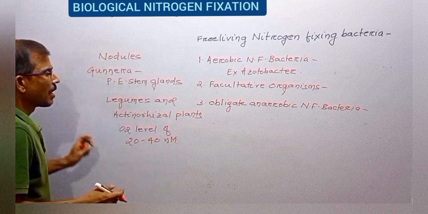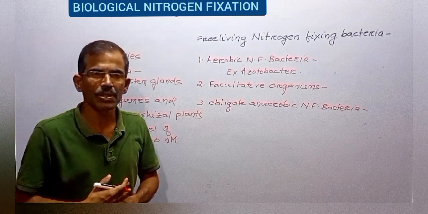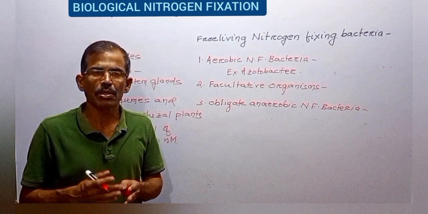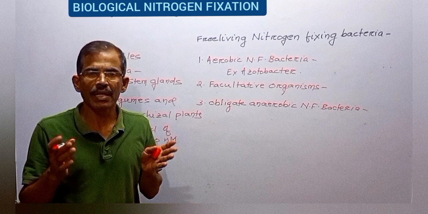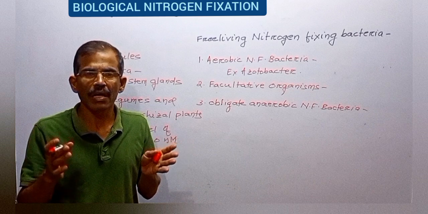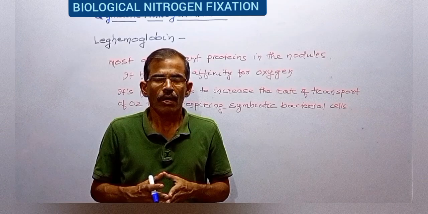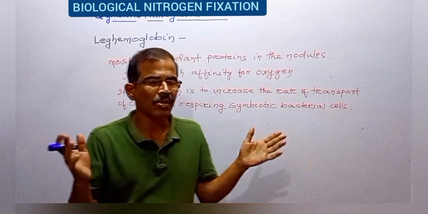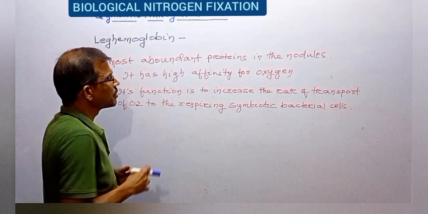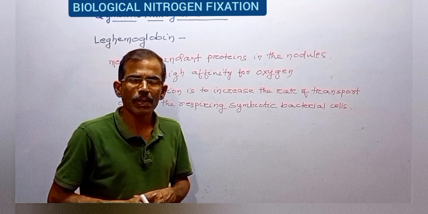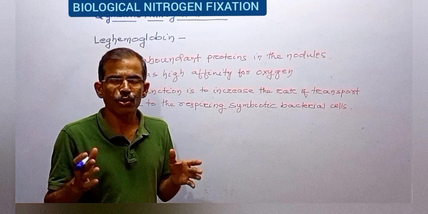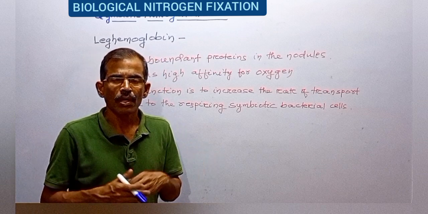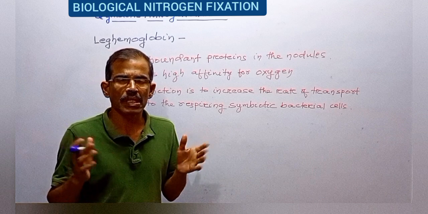This oxygen level can support respiration but is sufficiently low to avoid inactivation of the enzyme nitrogenase. Nodules contain oxygen-binding heme proteins called leghemoglobins. Leghemoglobins are the most abundant proteins in the nodules, crucial for nitrogen fixation.